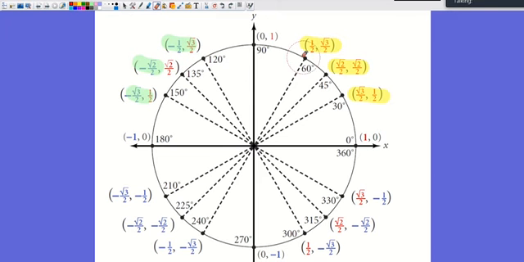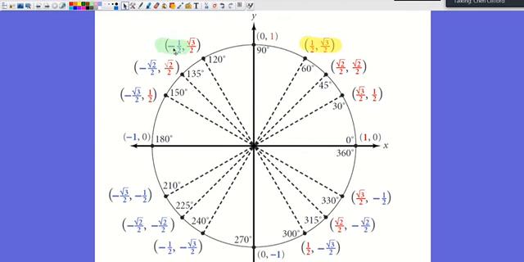So I'm literally just going to change the x values to negatives. If I change all these x values to negatives, then I basically get the greens here. Okay, let's just focus in on this yellow. This yellow and this green are related by changing the x value to -1/2.